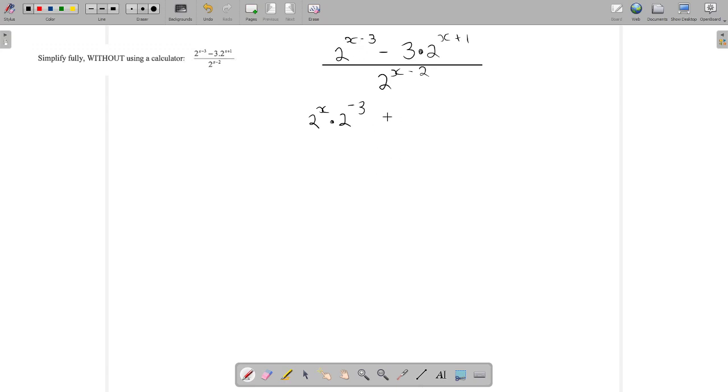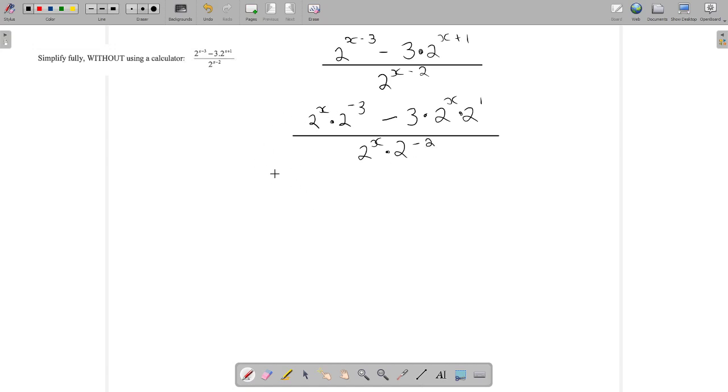Okay, so we've got minus 3 times 2^x times 2^1, because 2^x times 2^1 is the same as 2^(x+1). Okay, next, my denominator, I want to do exactly the same thing. 2^x times 2^(-2).